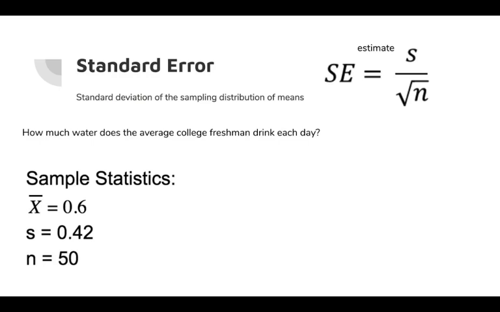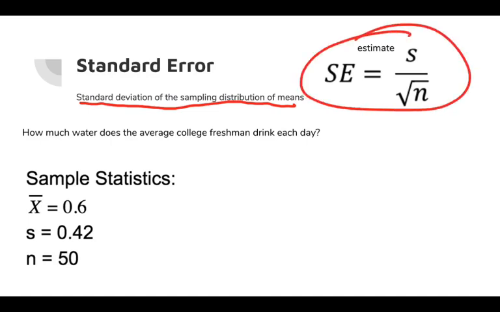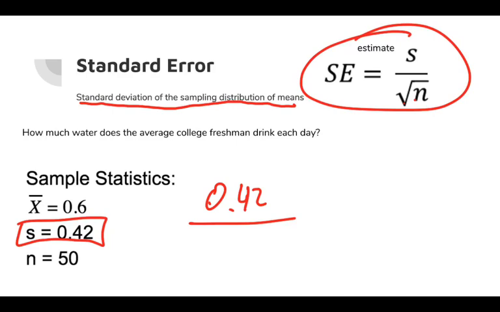The standard error is the standard deviation of the sampling distribution of means, and we estimate it with this calculation. I'm going to take the standard deviation of my sample and divide it by the square root of the sample size. So for us, we take 0.42, which is the standard deviation of the sample that we have, and divide it by the square root of our sample size, 50.